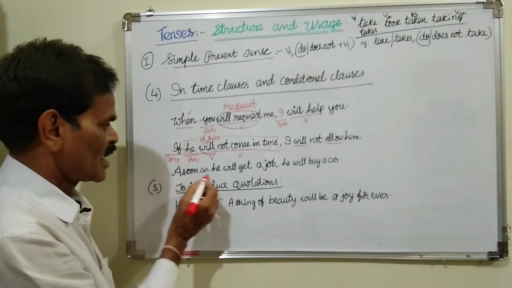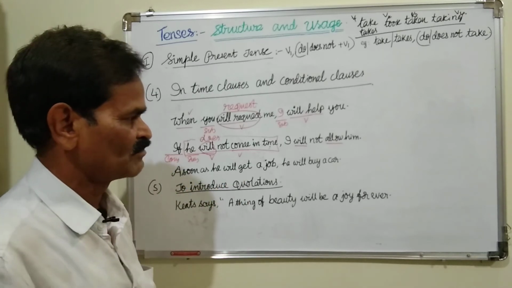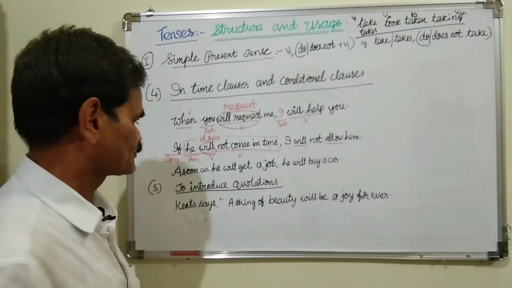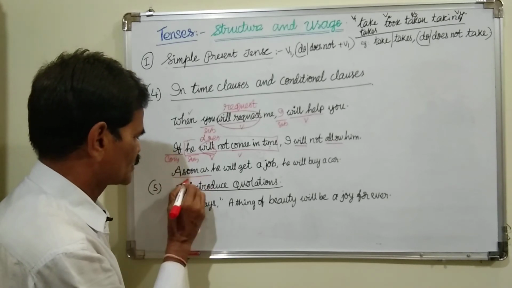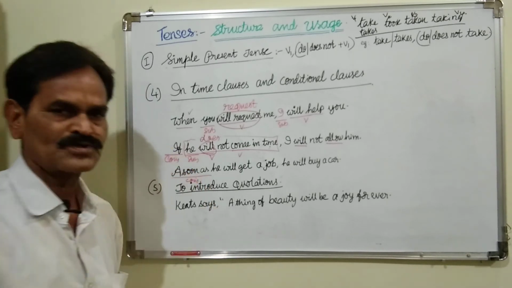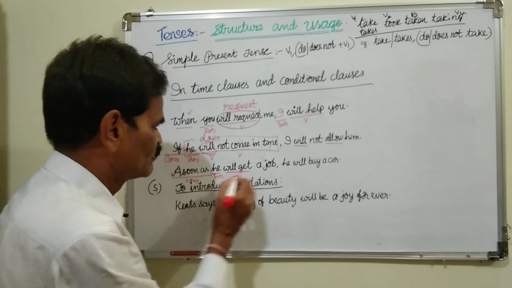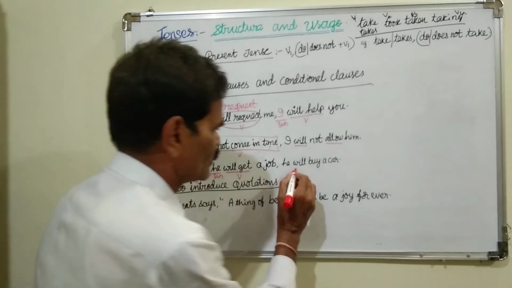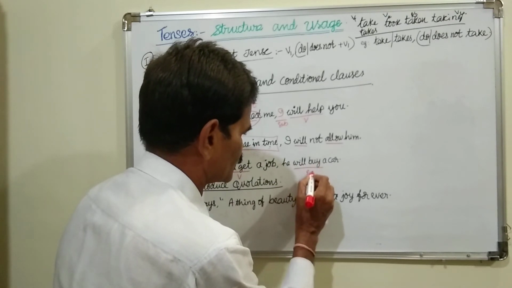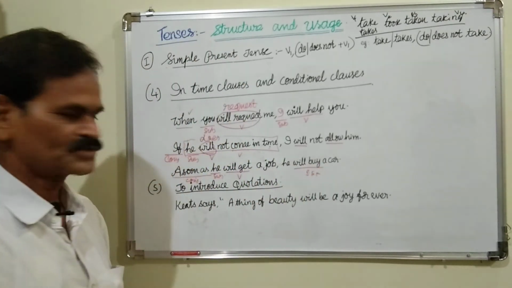Next again, as soon as he will get a job, he will buy a car. Here again, as soon as is a conjunction. This denotes time, and he is the subject, will get is the verb, again simple future. Will buy is also simple future.